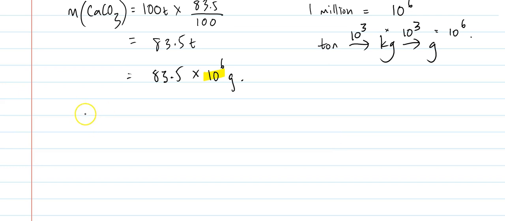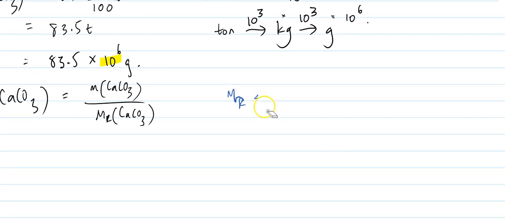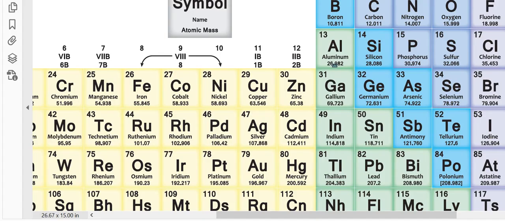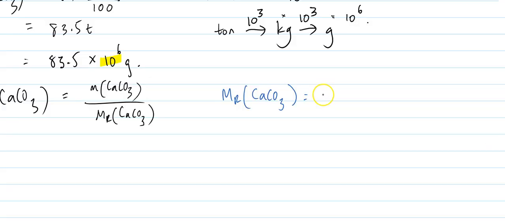Okay, now to work that out, we've got to work out the number of moles of calcium carbonate: mass of calcium carbonate over molar mass of calcium carbonate. I don't know what the molar mass of calcium carbonate is, and I'm not given it either, so I've got to work it out. Molar mass of calcium carbonate equals, what's calcium? 40.1 plus 12 plus 16 times 3.